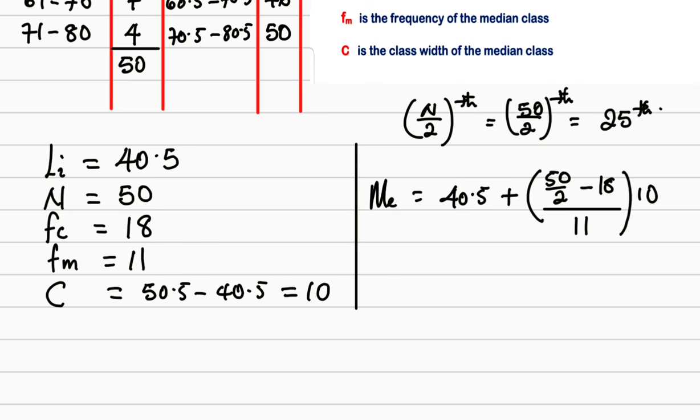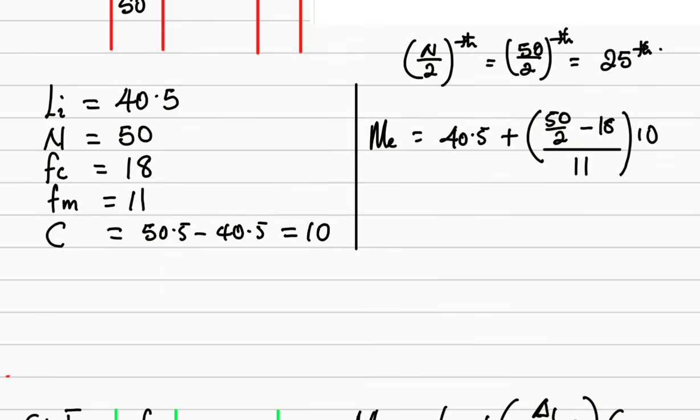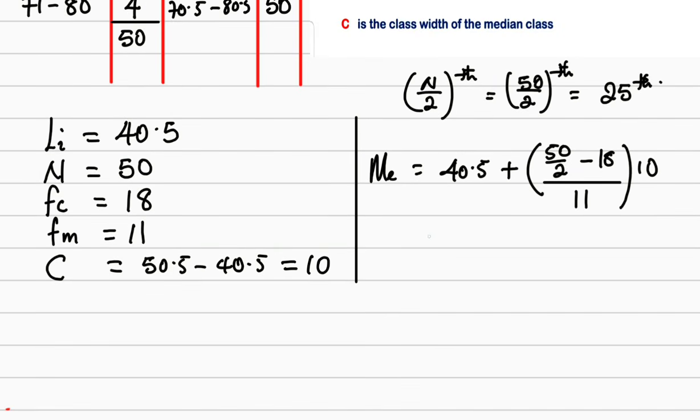So we have it as on the screen. So therefore, this is going to be 40.5 plus 25 minus 18 all over 11 times 10.